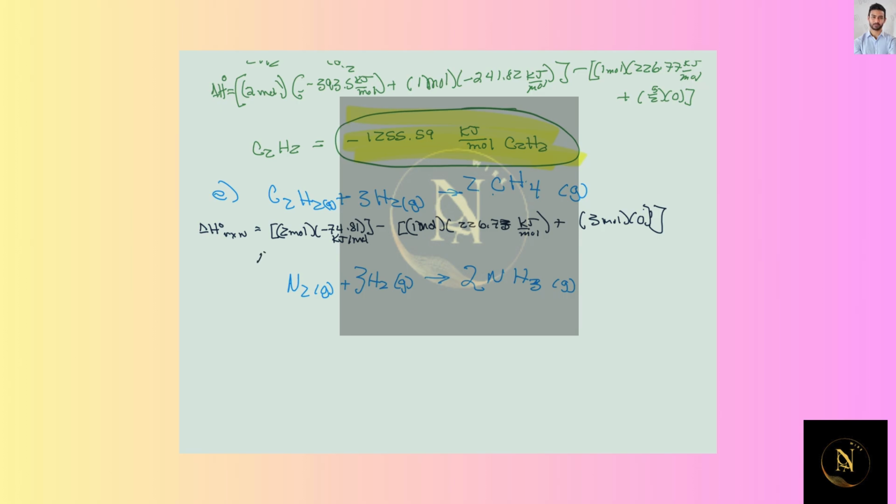So I get my delta H equal to negative 376.35. I want to make sure I've written this right. This would have been a 3, 2 times my CH4.